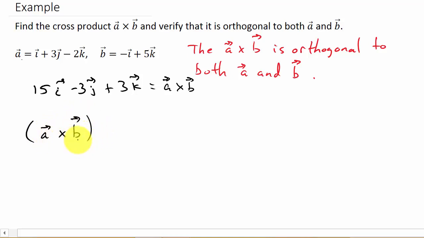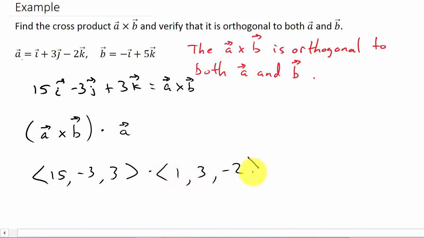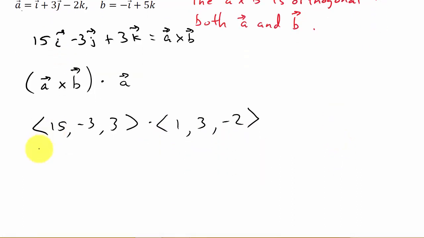okay, so I've got the cross product of A and B, and I do the dot product with vector A. Okay, so what we have here, if we write these as a vector, that is going to be 15, negative 3, 3, dot 1, 3, negative 2. Okay, so remember how to do the dot product.